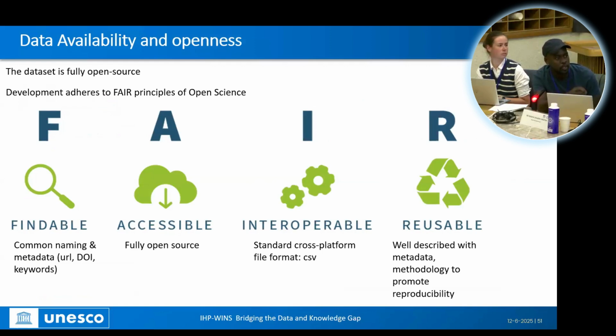It's interoperable because we provide it in CSV format, which can be utilized across various platforms, and we have also prepared it in a way that it can be reusable. So we provide all the metadata of how we have collected it, how we have calibrated the sensor, and this then enables it to be reproduced for future use.